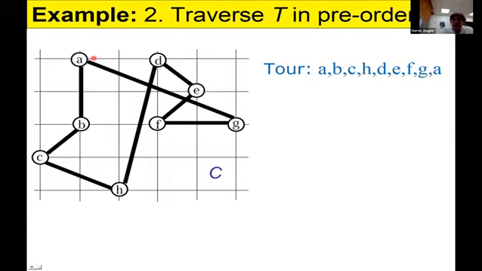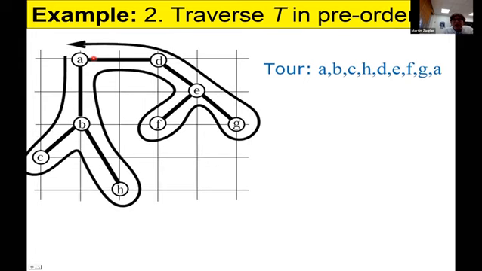But underlying all of this is the hypothesis that the edge weights satisfy the triangle inequality. And now if you look closely, indeed, we've used that already in the design of the algorithm. Namely, when we go from C, instead of going from C to B and then to H, we jump directly from C to H.